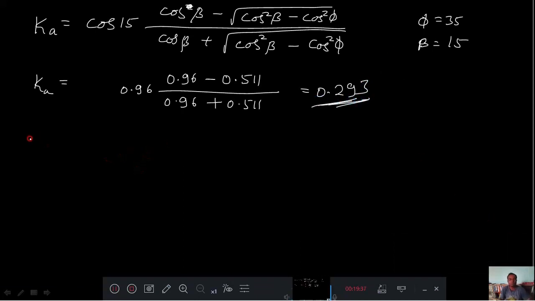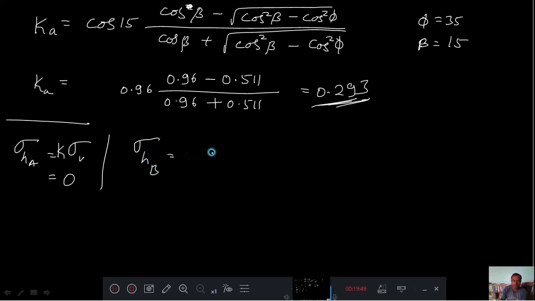Then we go with sigma h at A is equal to K into sigma v, that is 0. Then coming back to sigma h at B is equal to K into sigma v, where K is 0.293. How to calculate sigma v?